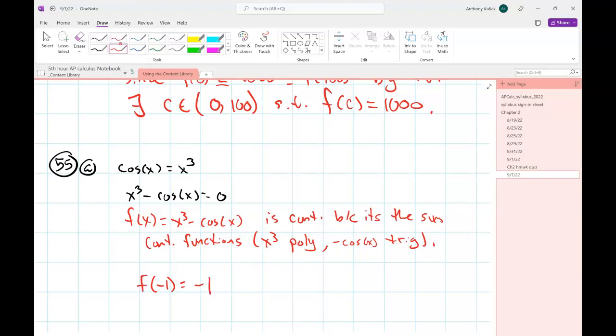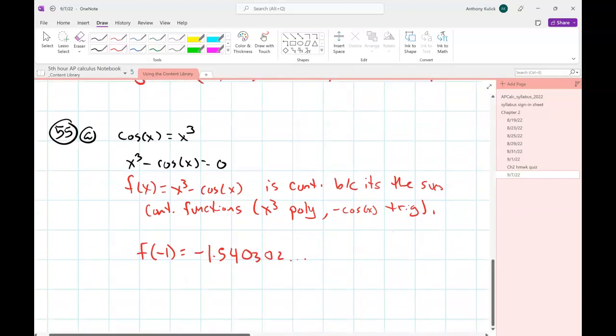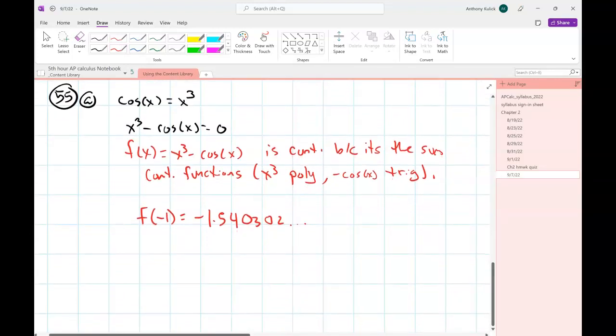Yep. Whatever, yada, yada, yada. And now I just need a value that gives me a positive output. I think that 1 will probably do it. Yep. Yada, yada, yada.